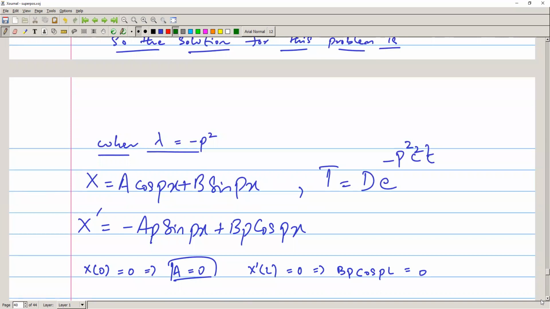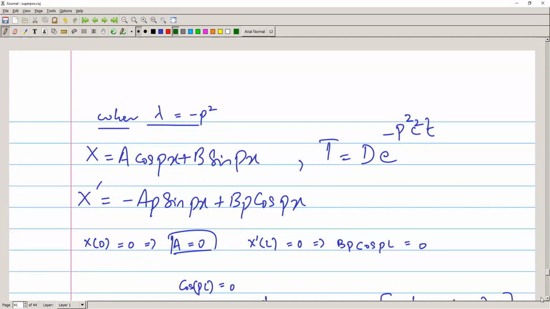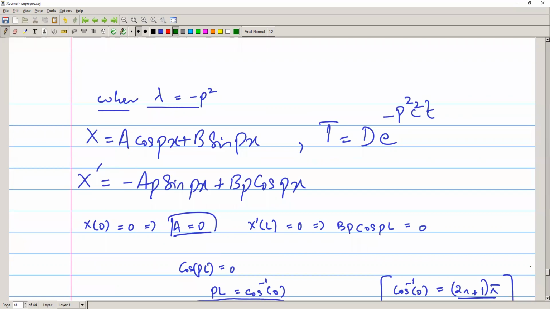So now we know that for this problem we only get the solution for the third case. We will get the solution for case 3, because for case 1 we will have a trivial solution, and case 2 also we will have a trivial solution, right?